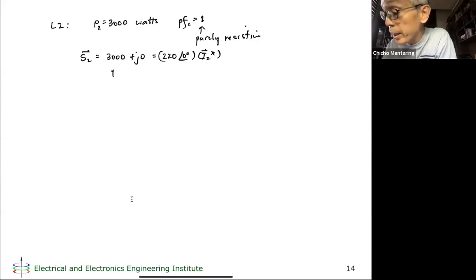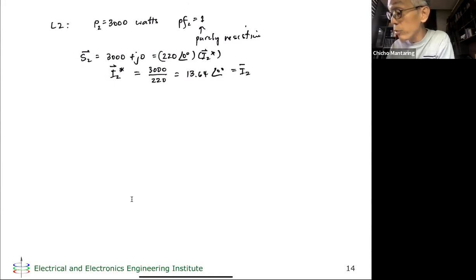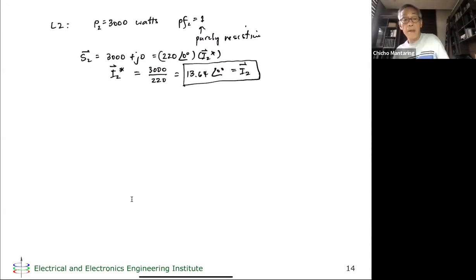So I2 conjugate is 3,000 plus j0, so 3,000 over 220, and this will give me 13.64 at an angle 0 degrees, which is also equal to I2, because if I make 0 negative, it's still 0. So this is the value of my I2. Again, note that Q2 is equal to 0 because of unity power factor.